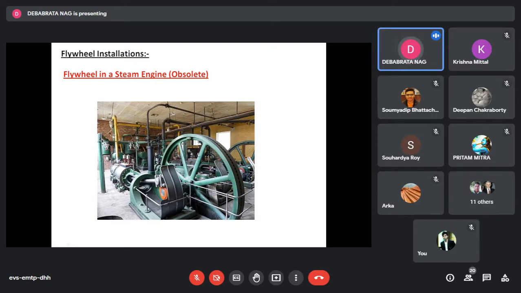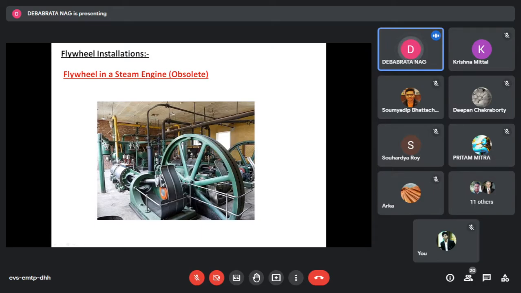So this is the steam engine, and this is the flywheel. It is very easy to locate because its shape is something that you will not be able to miss. This is what is called a flywheel. This is called a spoke type flywheel because it resembles the wheels of a bicycle. These are called spokes or arms of the flywheel.